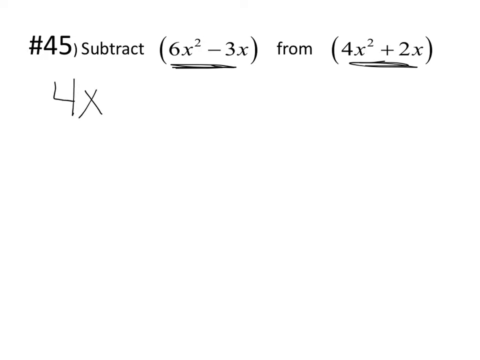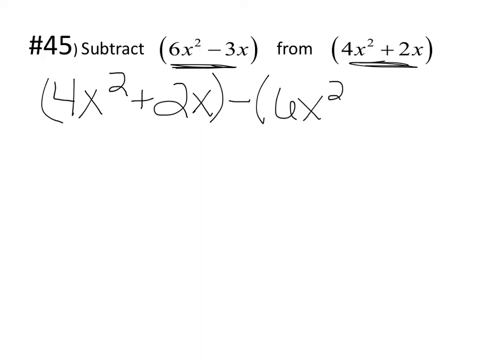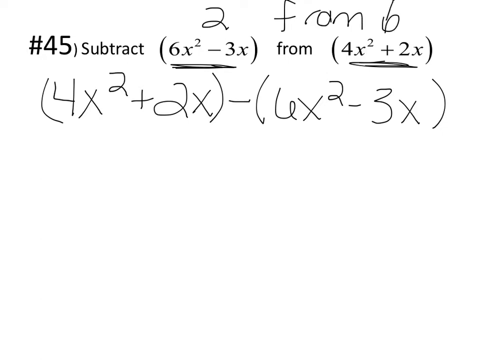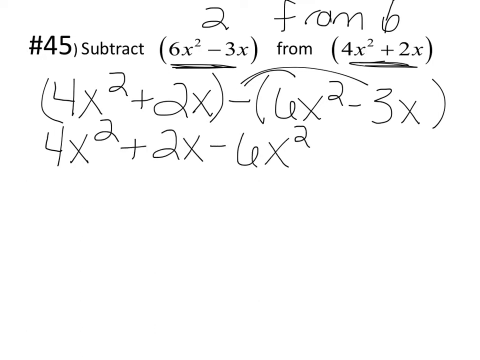So you have to write 4x squared plus 2x minus 6x squared minus 3x. Think about it this way: if I said subtract 2 from 6, which one would you write first? You would write 6 first, 6 minus 2. So make sure you put it in the right order. Distribute your negative. So it becomes 4x squared plus 2x minus 6x squared plus 3x.